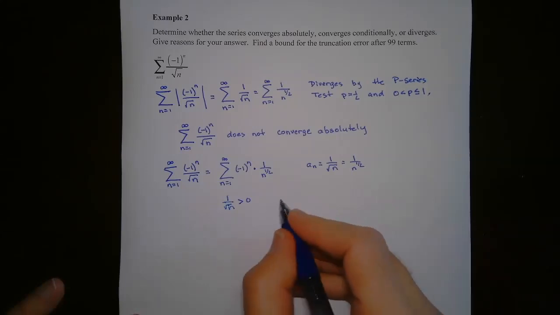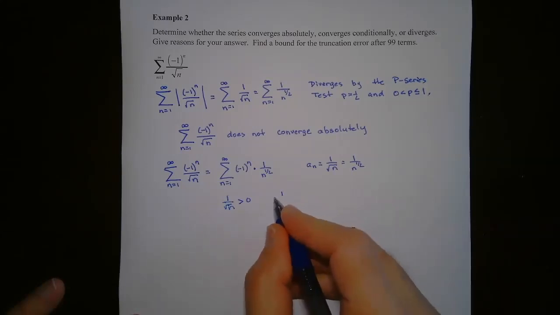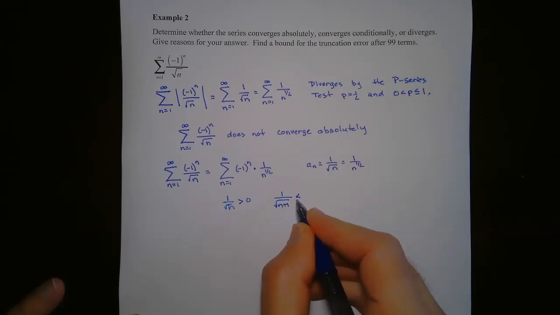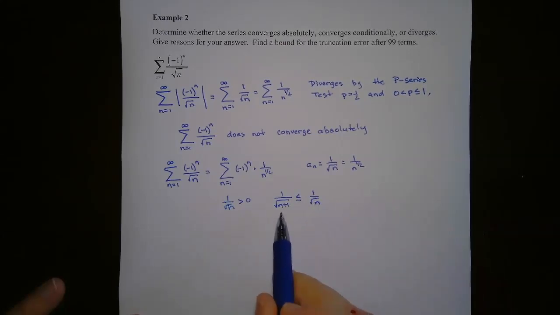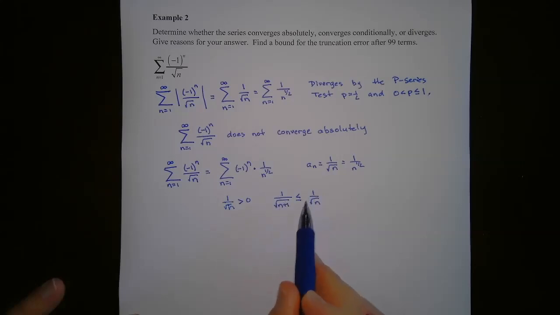All right, so what about 1 over the square root of n plus 1? Is that less than or equal to 1 over the square root of n? Well, the square root of n plus 1 is going to be bigger than the square root of n. And because that's in the denominator, this fraction is always going to be smaller than this fraction.